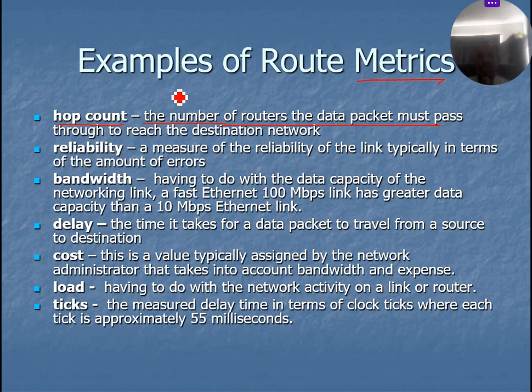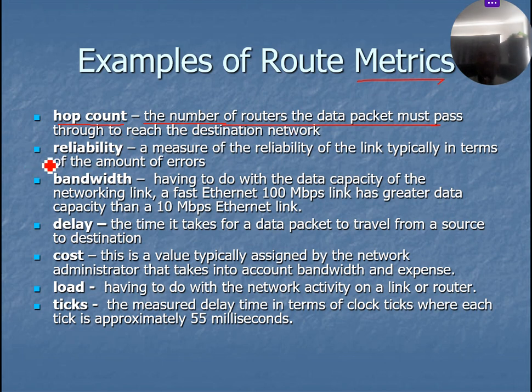You cannot ignore a path with only 1 or 2 routers to the destination and instead follow an option of 10 routers. That would not be a good metric of determination.